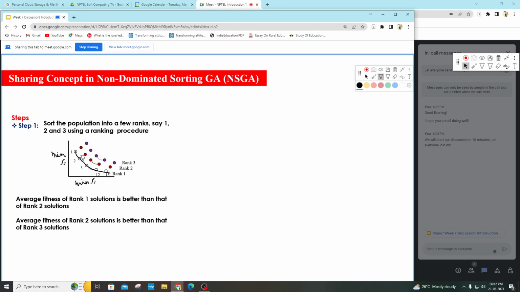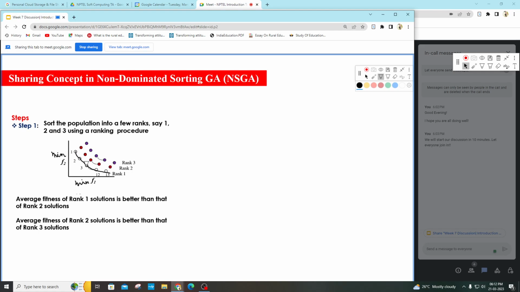If we compare these two points, 1 and 2, you can say that in objective function f1, the second point is dominating the first point. But if we go to objective function f2, there the first point is dominating the second point.